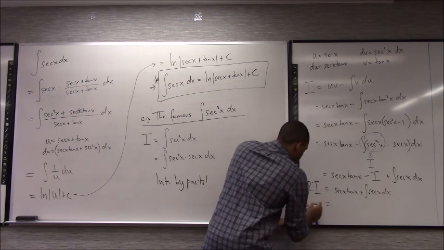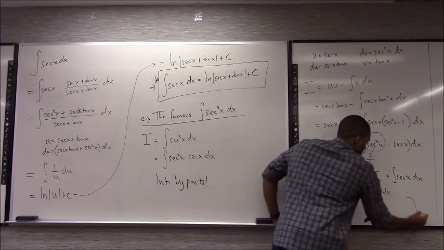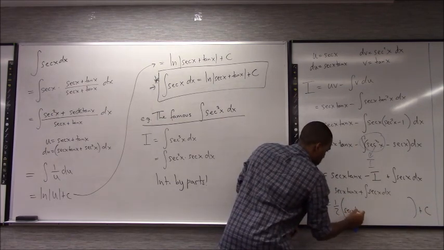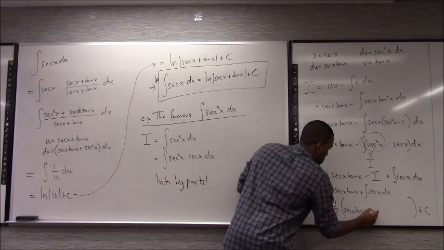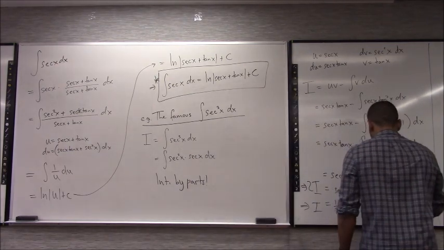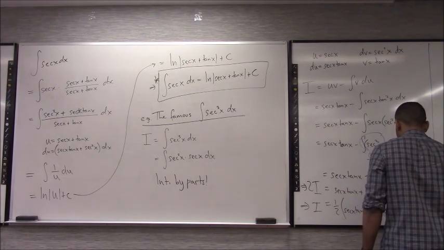Which means that my I is going to be 1/2 times the integral of this guy. That guy's just secant tangent, plus the integral of secant we just derived, which is the ln of secant x plus tangent x.